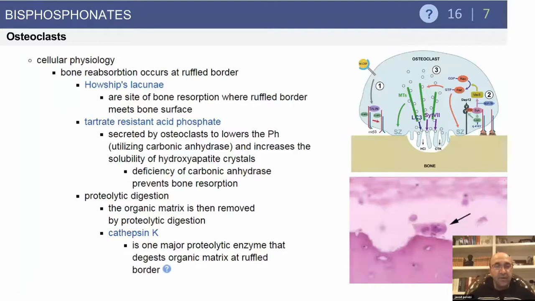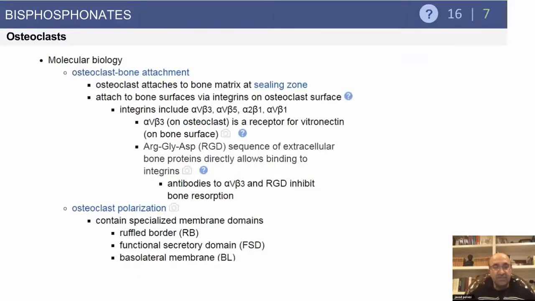To stain osteoclasts, we use the TRAP stain, or tartrate resistant acid phosphatase. Sometimes you've also been asked about proteolytic digestion. The organic matrix is removed by the proteolytic digestion and then they are stained.